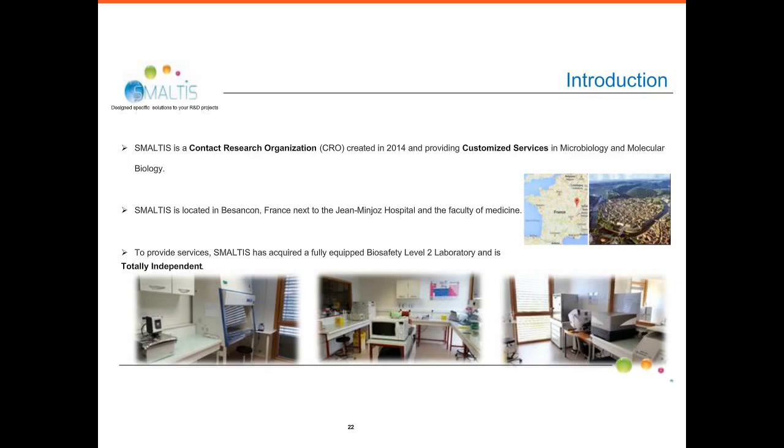So to provide high quality services and to guarantee our results, we have acquired on our own financial resources a fully equipped biosafety level 2 laboratory. And thanks to this investment, our company has a remarkable capacity to adapt and a total independence.